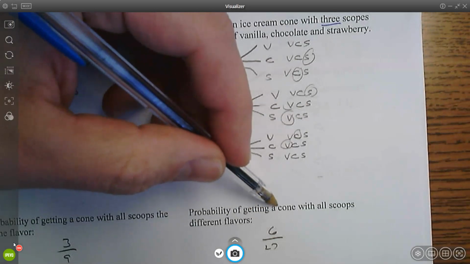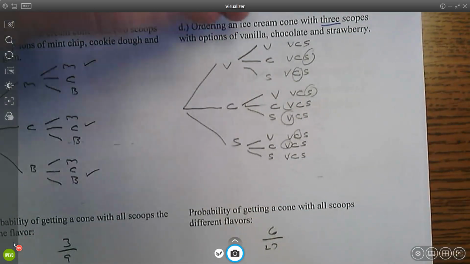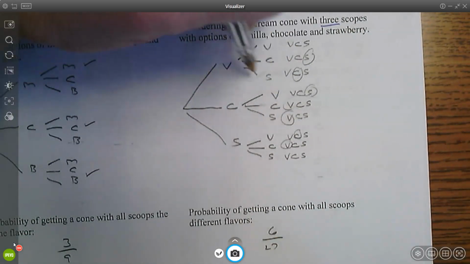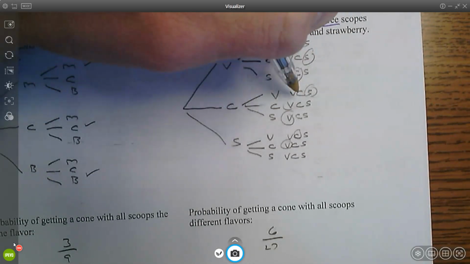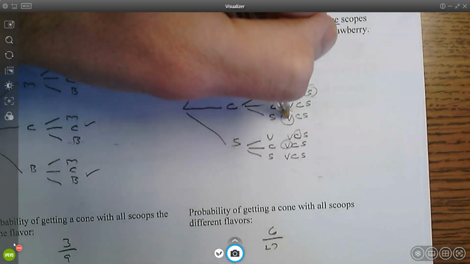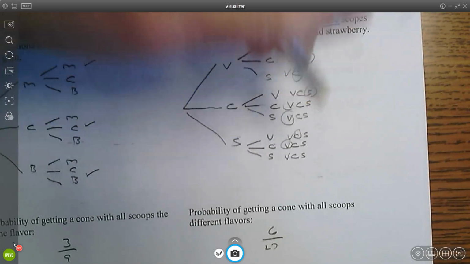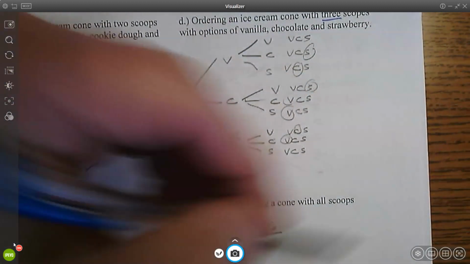The probability of getting a cone with all scoops being different flavors, so it's vanilla, chocolate, strawberry. That would be 1. Vanilla, strawberry, chocolate is 2. Chocolate, vanilla, strawberry is 3. Chocolate, strawberry, vanilla is 4. Strawberry, vanilla, chocolate. Strawberry, chocolate, vanilla. So there's 6 divided by the 27. So that might have taken up the whole page for y'all.